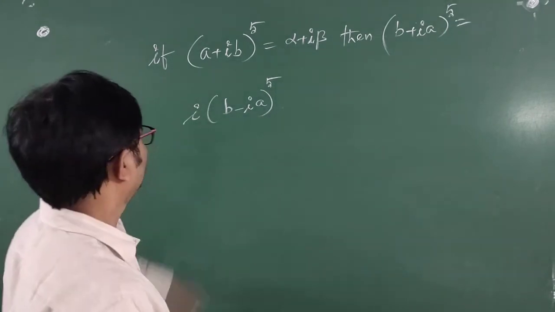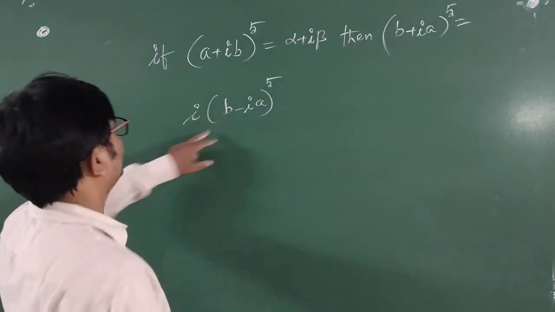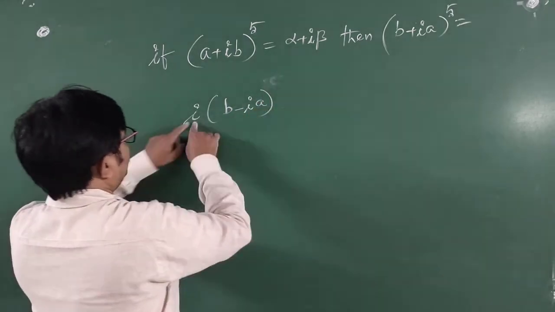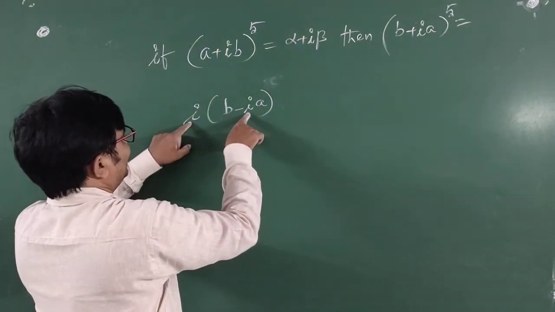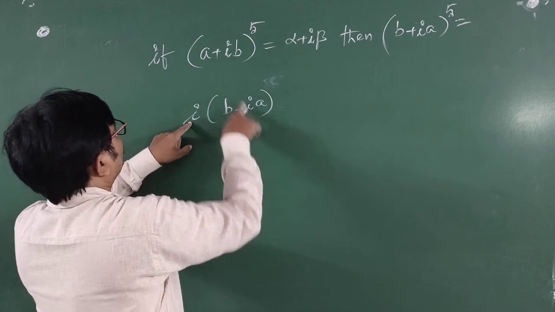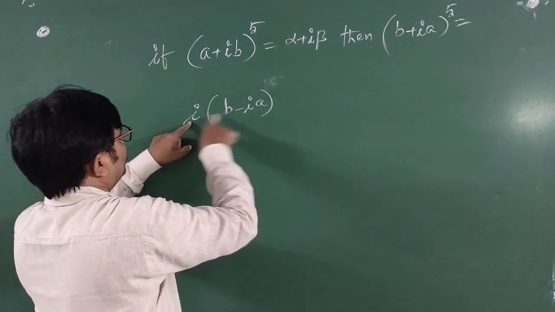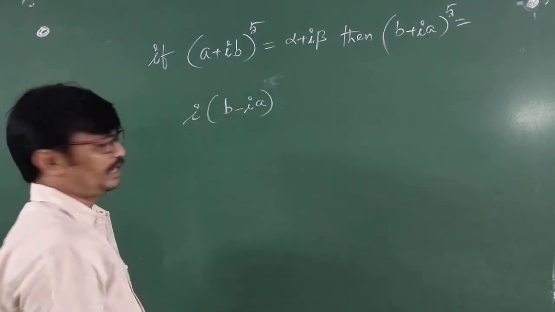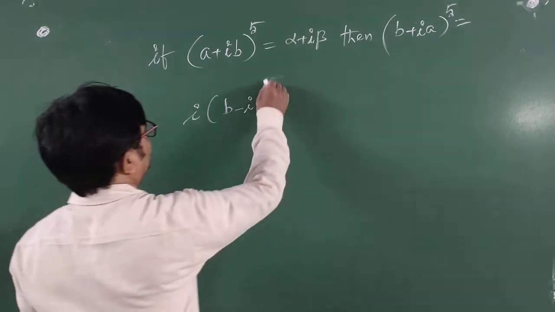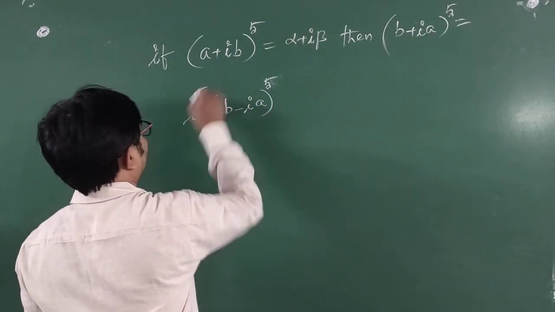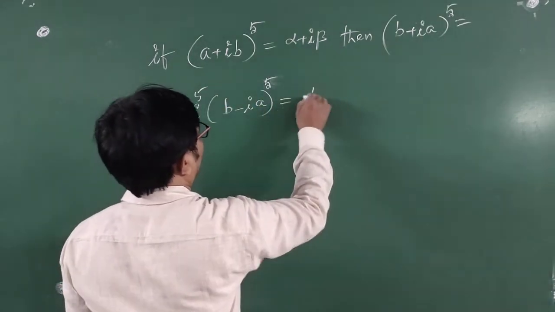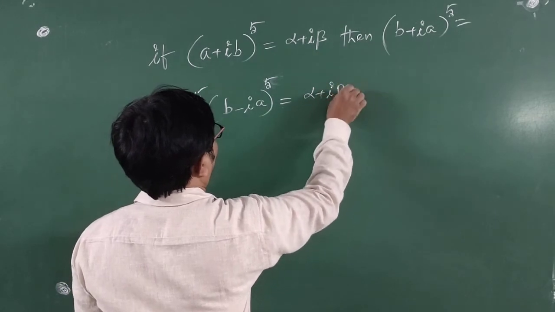What do we observe here, students? This is ib, and i square is minus 1. Undoubtedly, i square is minus 1. So this is whole power 5, and that is also whole power 5, equal to alpha plus i beta.